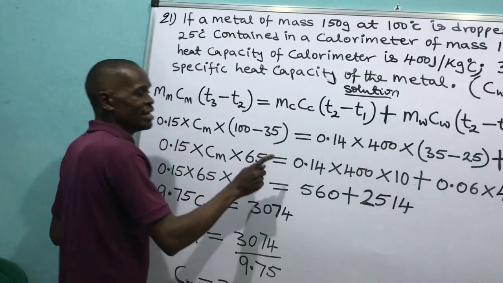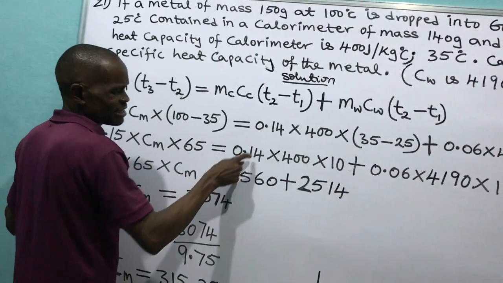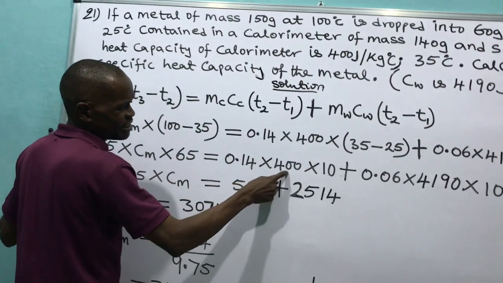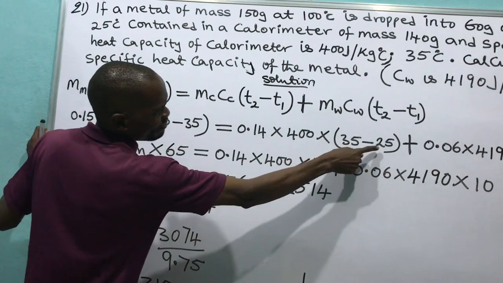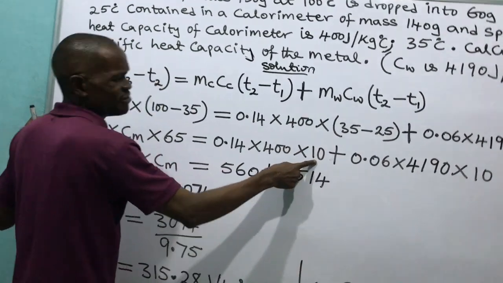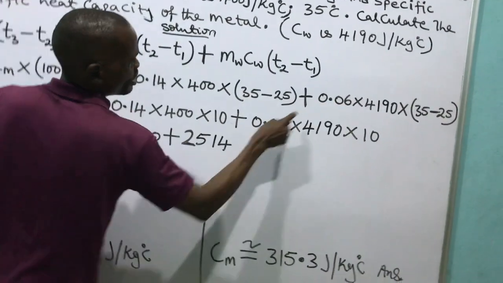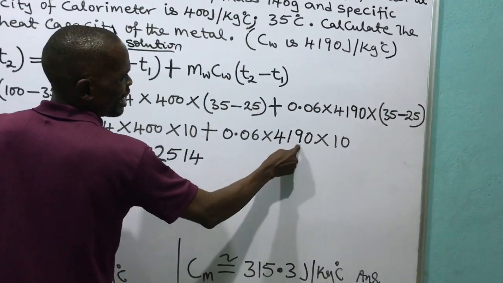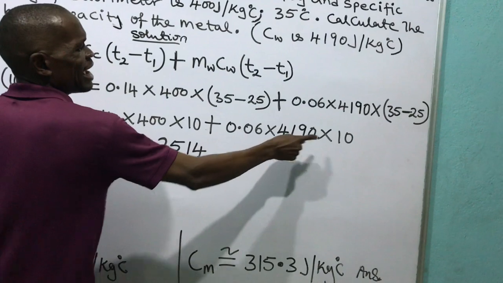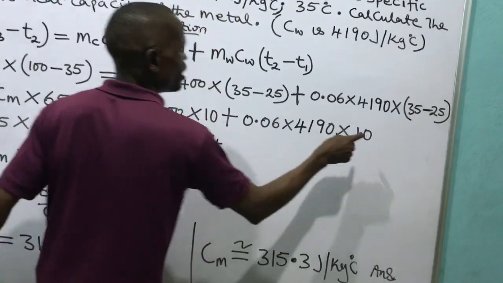Do you get what I'm saying now? It is equal to this mass and this specific heat capacity. Then here 35 minus 25 will give me 10. Have you seen it? Times 10. Then plus this 0.06 and 4190, look at it, times 35 minus 25 which gives me 10.